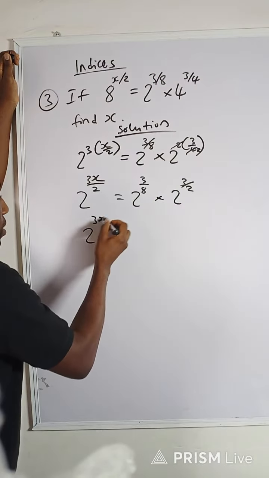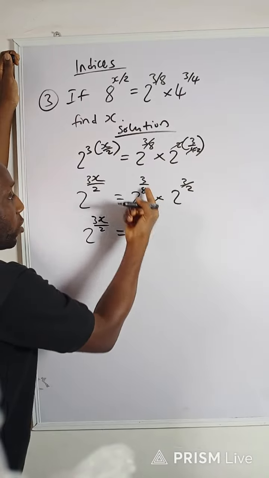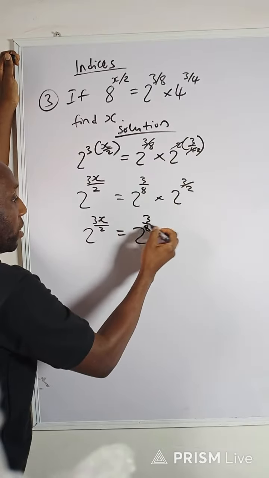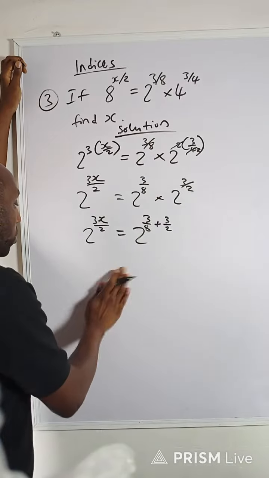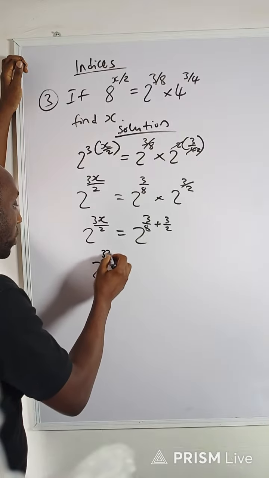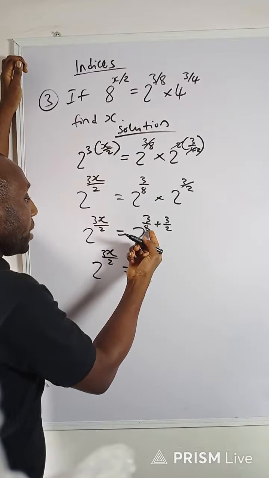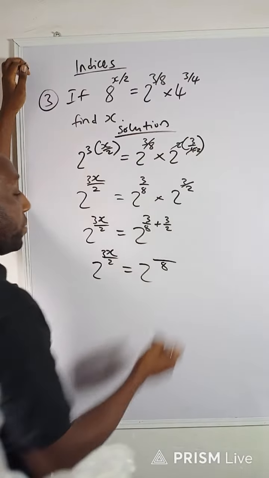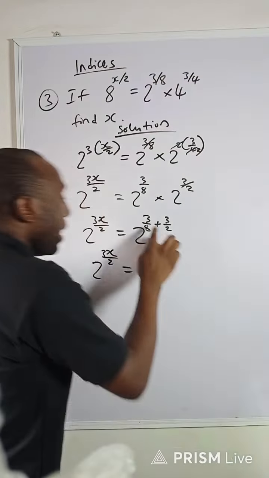I'm going to simplify this one here. They have the same base. We are multiplying, so you add the exponents. 3 over 8 plus 3 over 2. So you are going to have 2 raised to the power of 3x over 2 is equal to 2 to the power of... The LCM of 8 and 2 is what? 8. Are you seeing it? The LCM of 8 and 2 is 8.